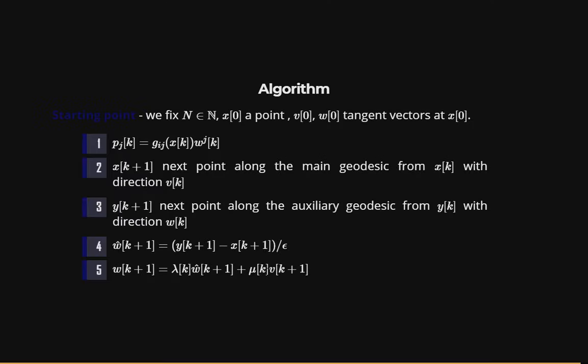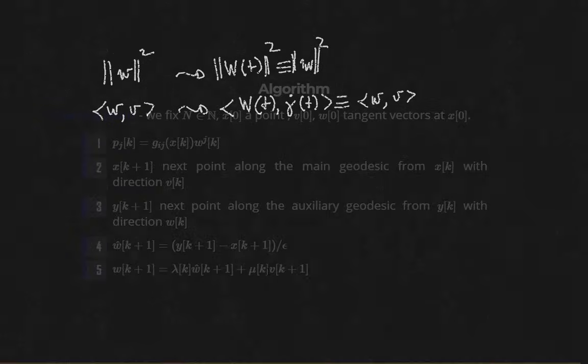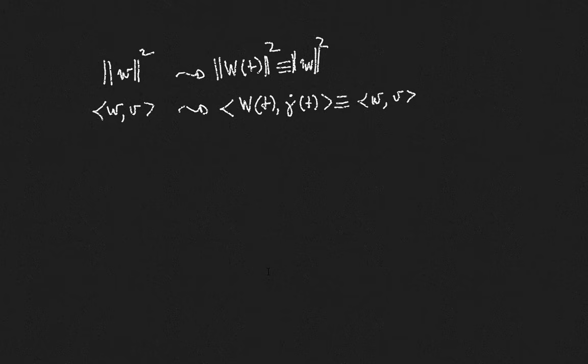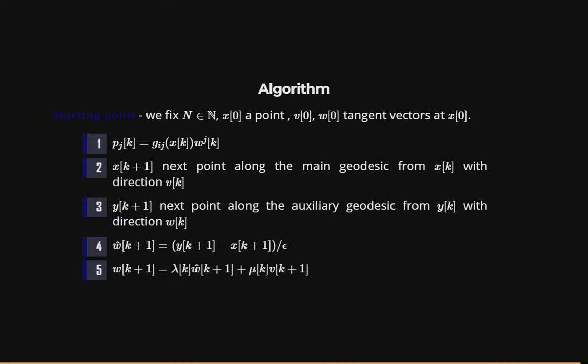So you actually choose lambda and k so that these equations hold. It means solving a linear system, two linear systems. And you get your parallel transportation up to the step wk.